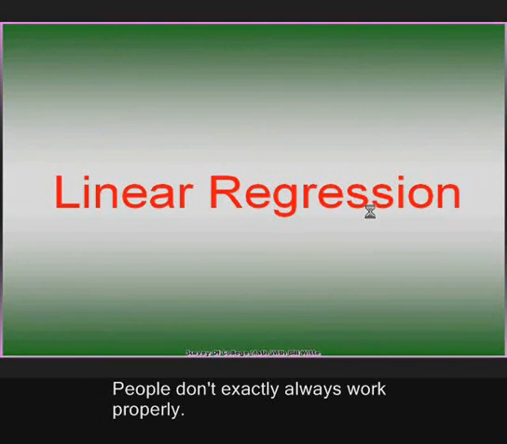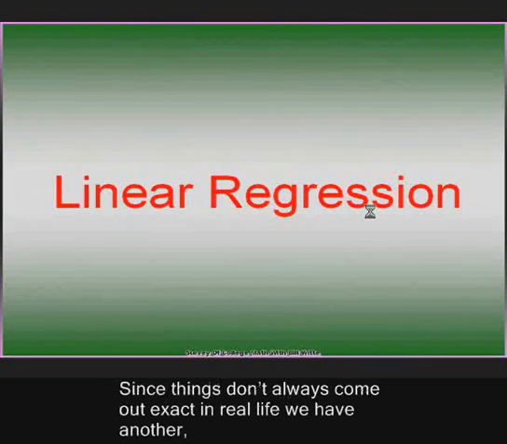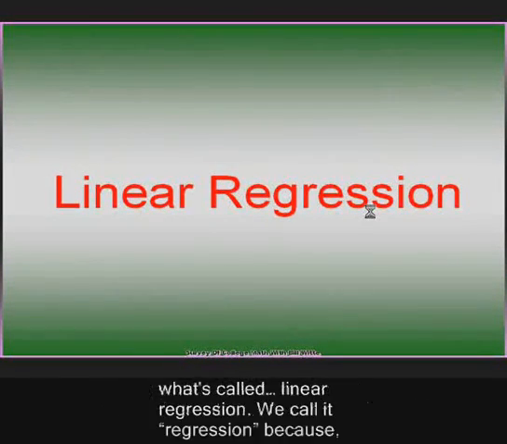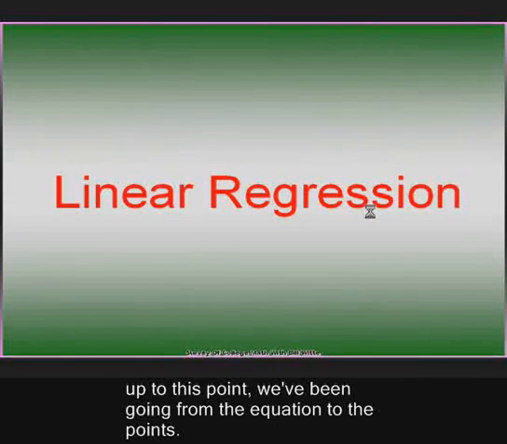So to that end, we have another method, a way more realistic method to find these equations, and that is using what's called linear regression. We call it regression because up to this point, we've been going from the equation to the points.